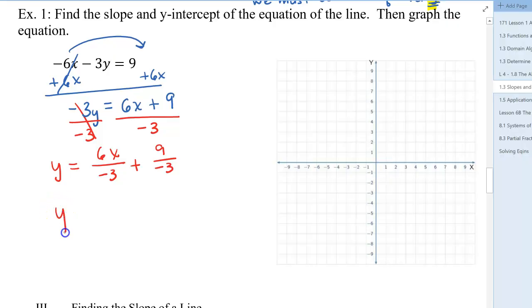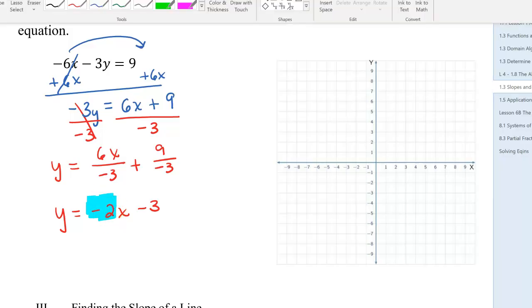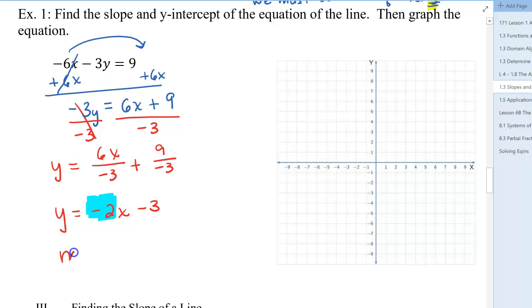That gives me y is equal to negative 2x minus 3. Now that I have it in slope-intercept form, I can identify the slope and the y-intercept. Remember, the slope is the number in front of x. So we write m is equal to negative 2.